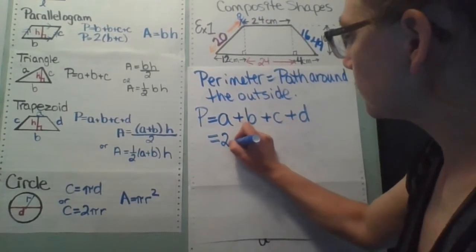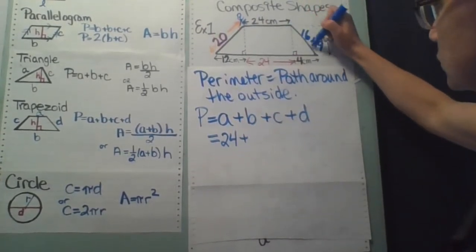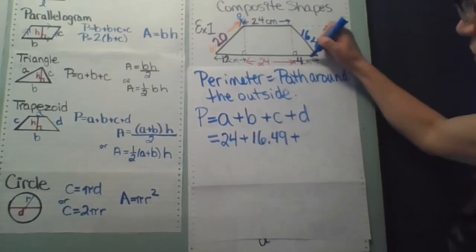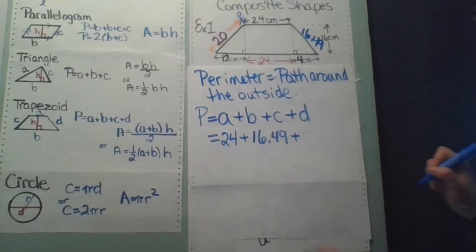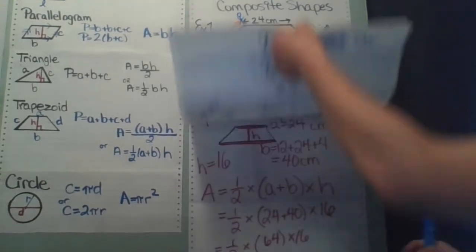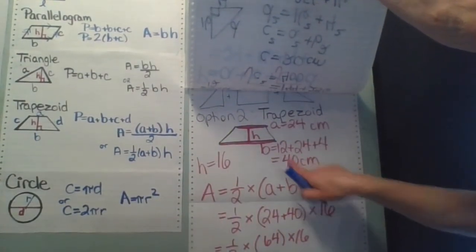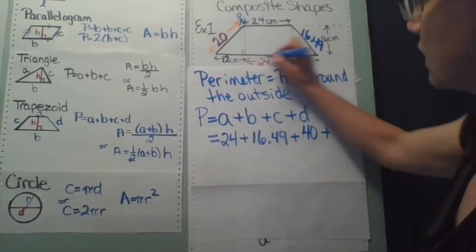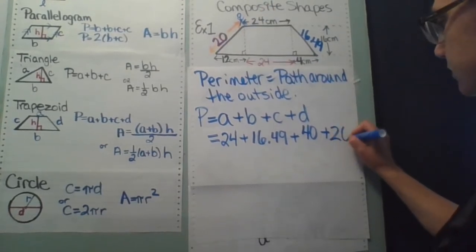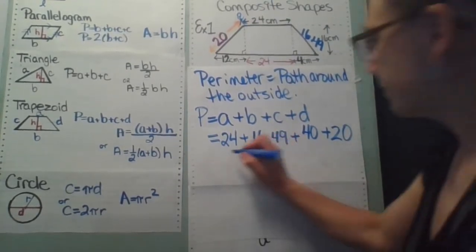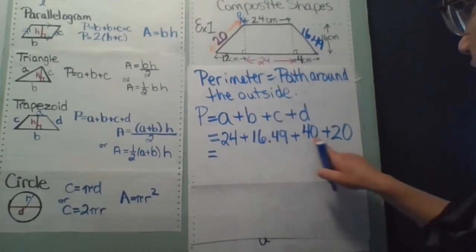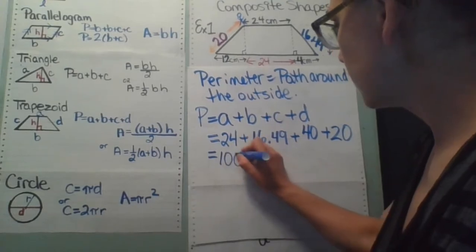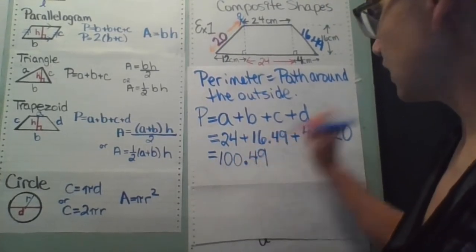And in real numbers, we got 24 plus 16.49 plus, what was that? 4 plus 24 plus 12, so the whole base was 40. Plus 20. Okay. Add it up, and what do we get? 149.